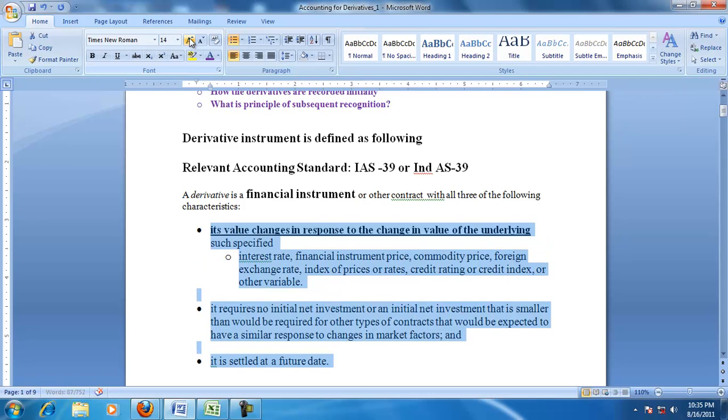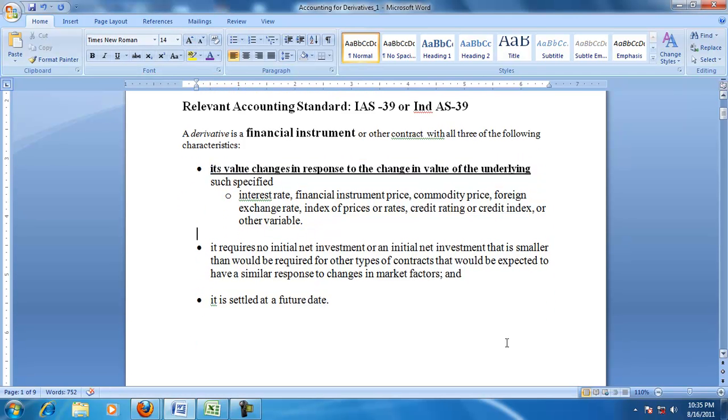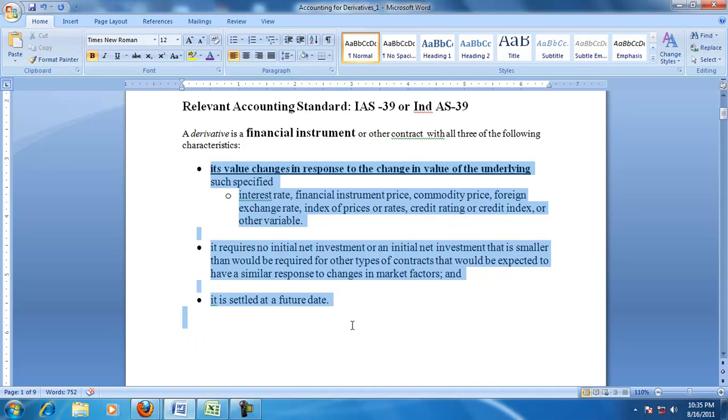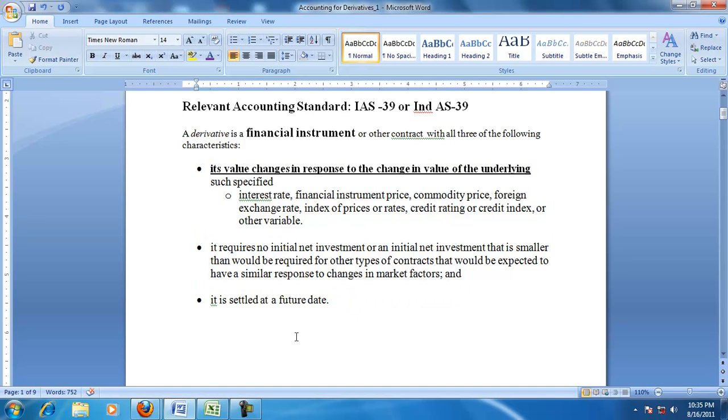So the initial investment is very small, and it is to be settled at a future date. All these three conditions are cumulative. That means in order for a contract to become a derivative, all three conditions have to be satisfied. So a derivative is a financial instrument.